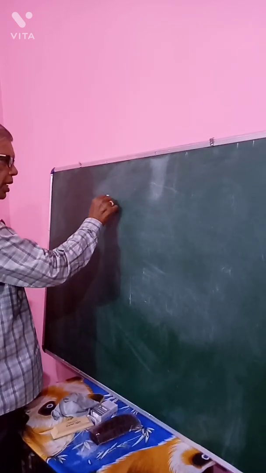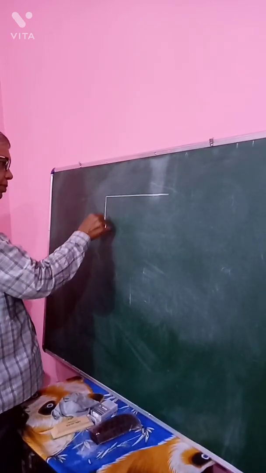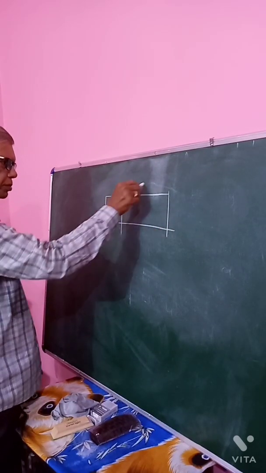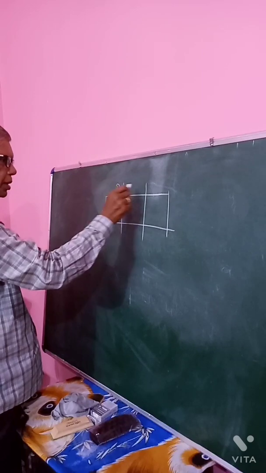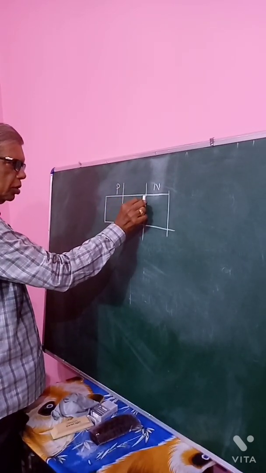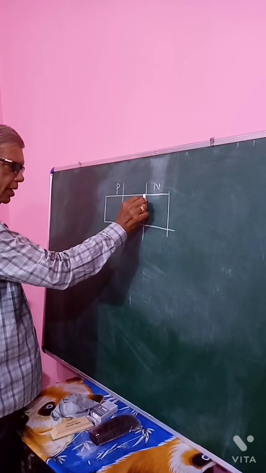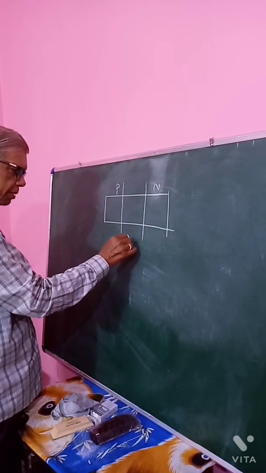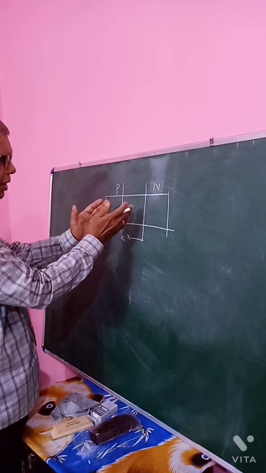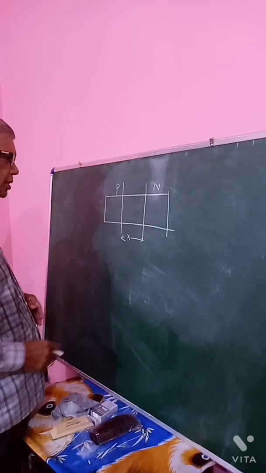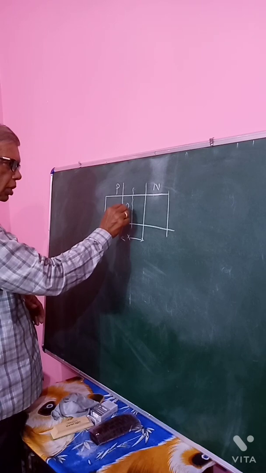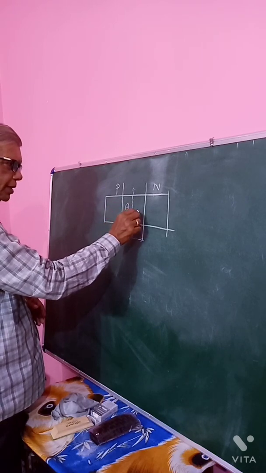Now let us analyze. Here I am enlarging. Say consider this is the depletion layer and this is the thickness of the depletion layer. Now this layer is depleted of the free charges and there are only immobile ions.